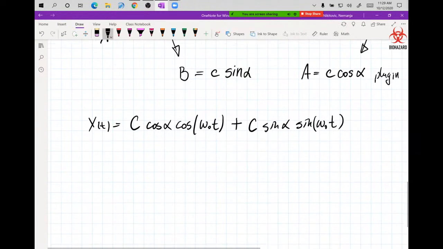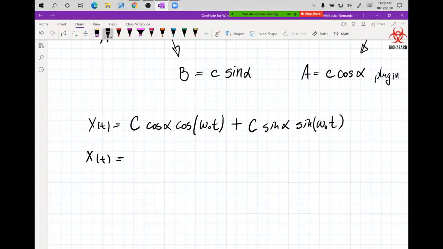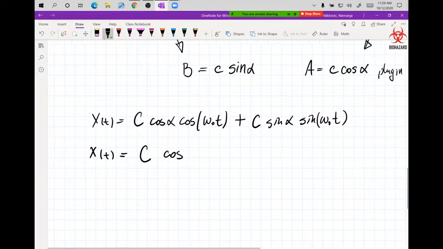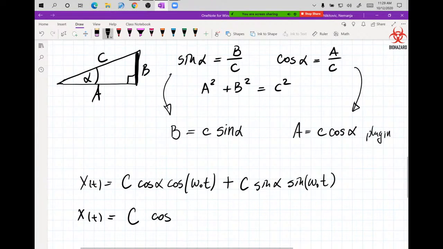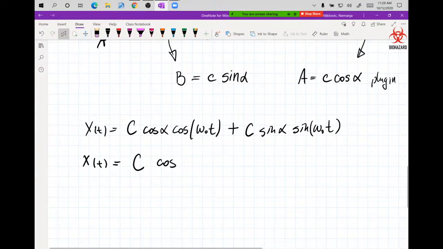And if you carefully look at this, you quickly realize that this is that formula. You can factor out C. This is the formula for a sum of two angles under the cosine. So this becomes C cosine of omega 0 t minus alpha.